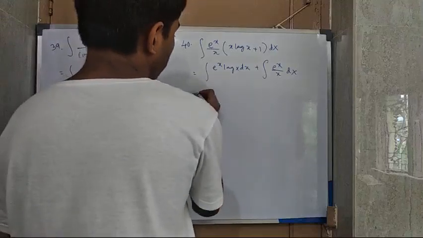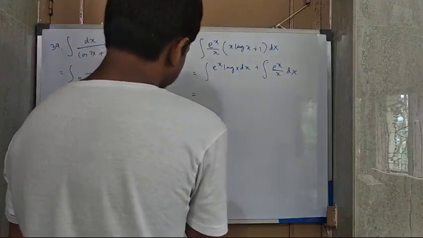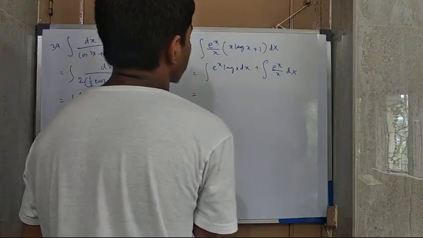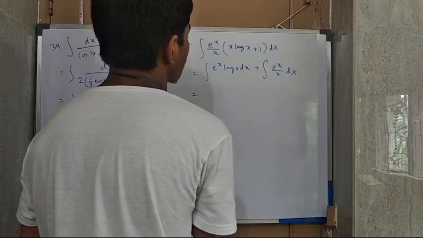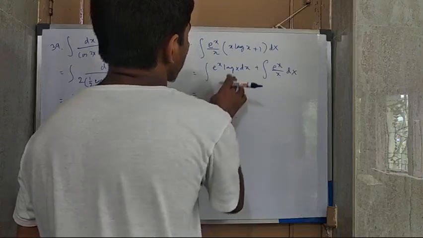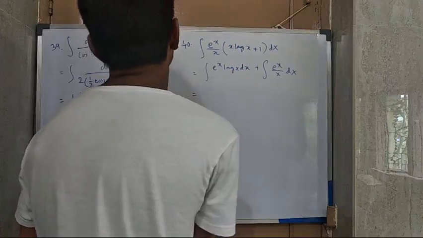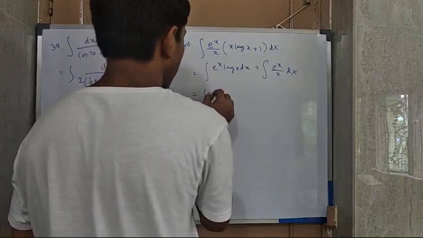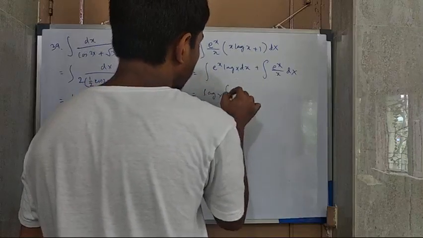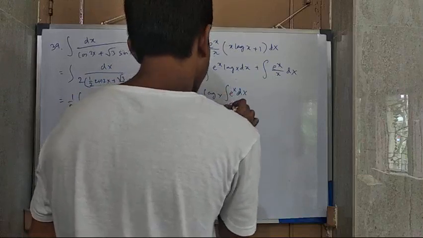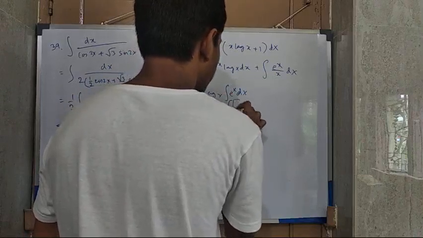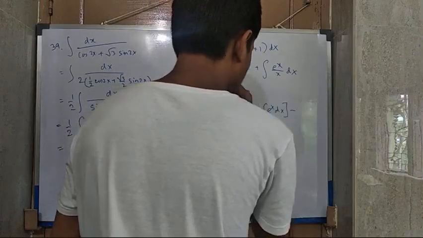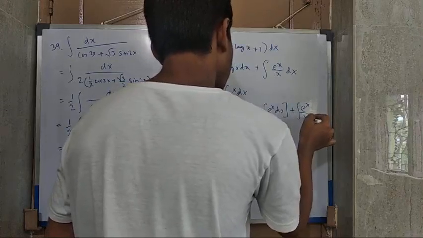Now do this by parts and take the log as first function. So log x times integral e to the power x dx minus integral of derivative of log x times integral e to the power x dx, plus integral e to the power x by x dx.